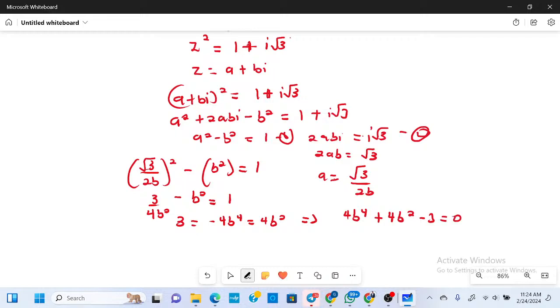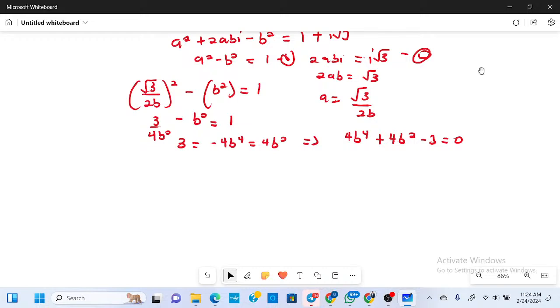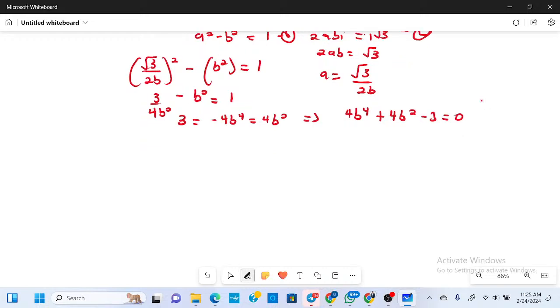So this is exactly like the question we just solved. And at this point, I'll make b squared, let's say z. So let me write it: b squared is equal to z. So 4z squared plus 4z minus 3 is equal to 0.